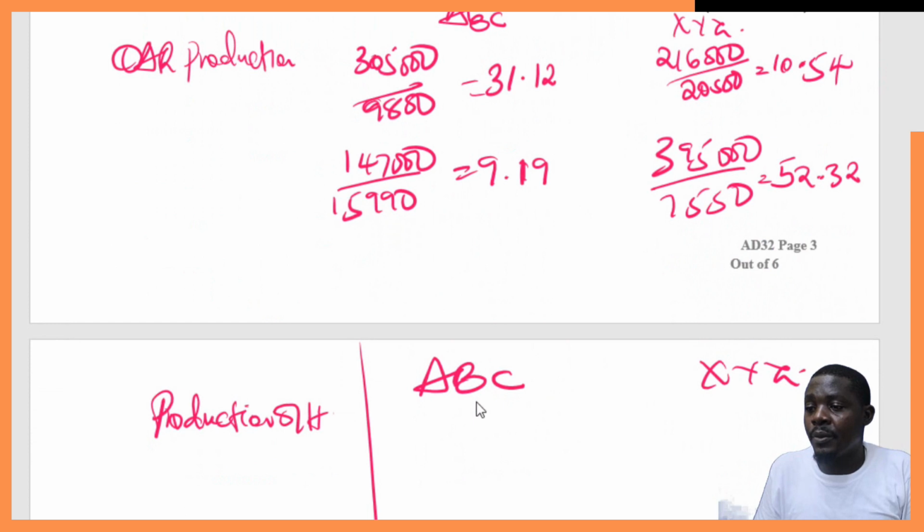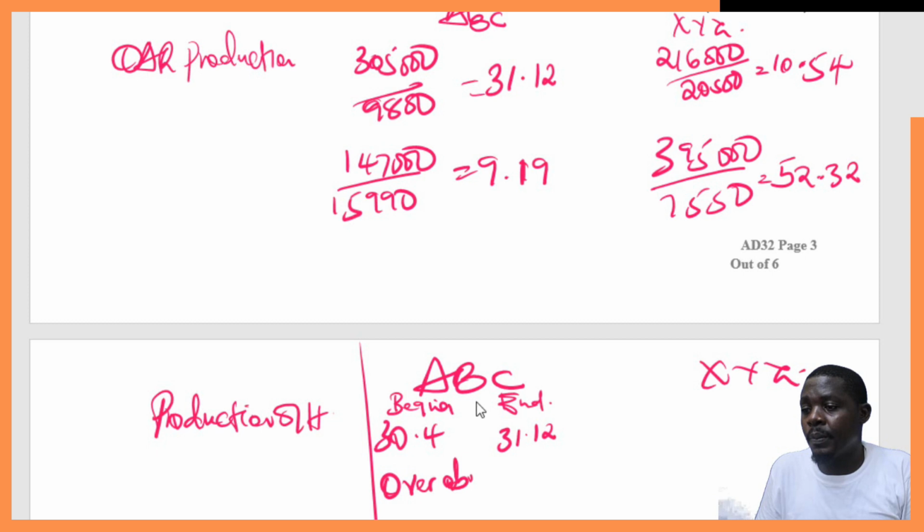Then at the end, we had 31.12, meaning we had over absorption of how much? That is 31.12 minus 30.4, which is 0.72.